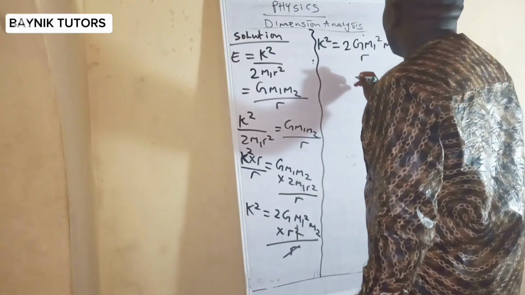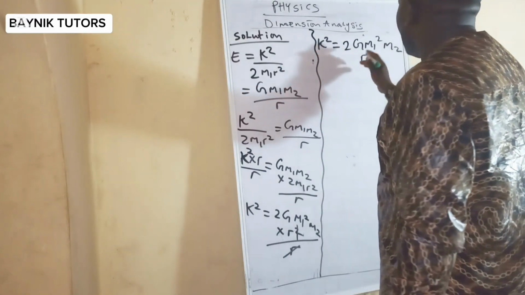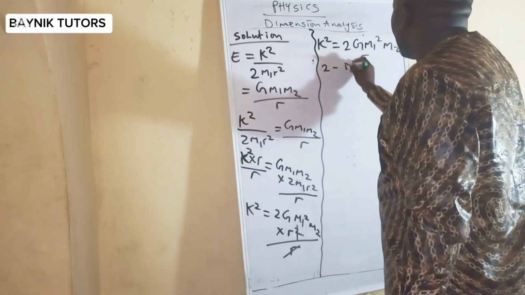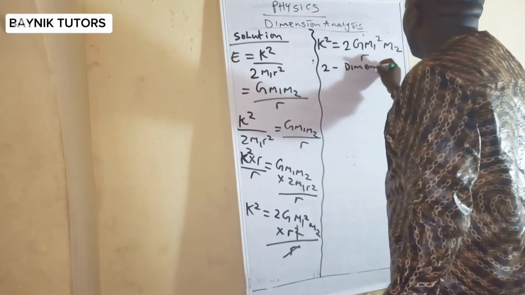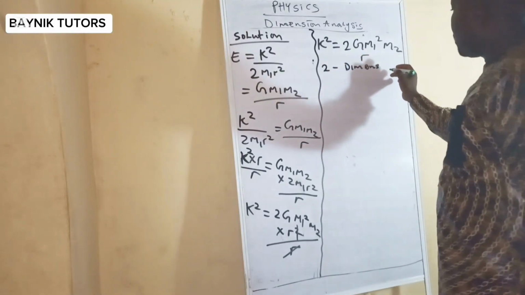So from here, we have to find the dimensions. The 2 is dimensionless, numbers are dimensionless. You take note of that.